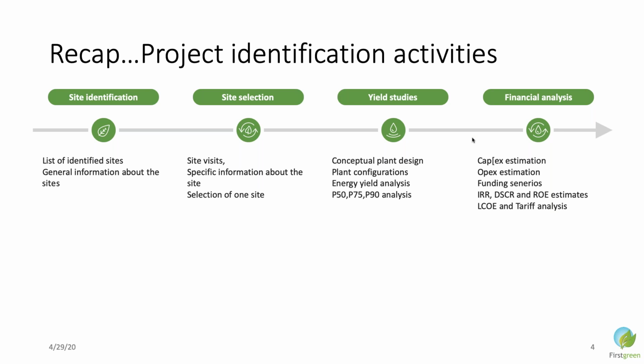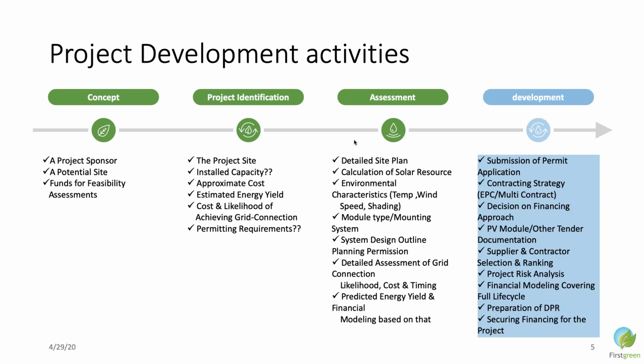Now we are moving to phase 2, that is known as the project development phase. As we discussed, the project development phase is the actual phase just before implementation, after finalizing the site.